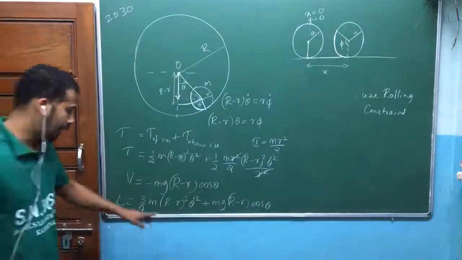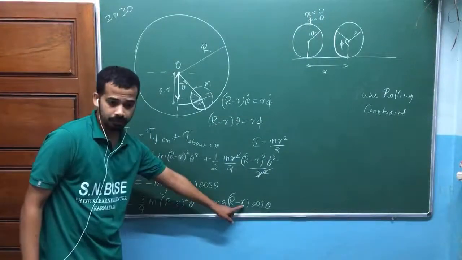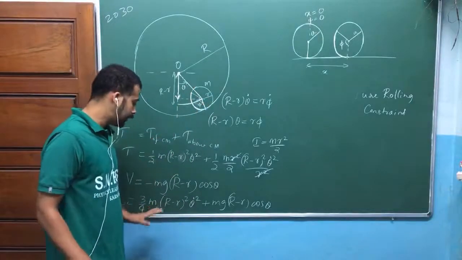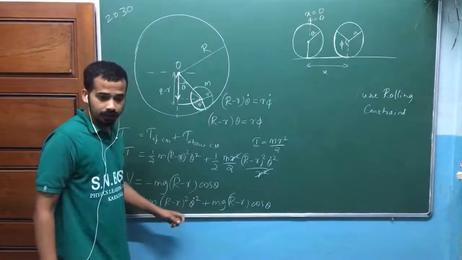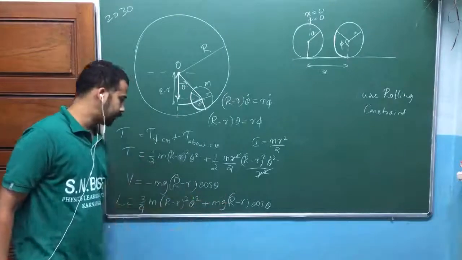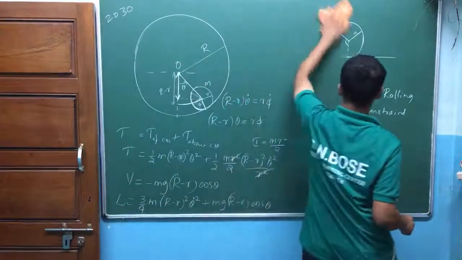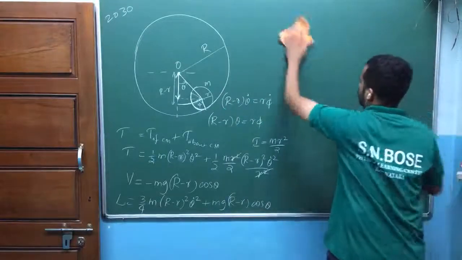Remember, the small r is not a polar variable. It is a constant, the radius of the small cylinder. Be careful while handling notations. So only theta is variable here. Quite an easy equation, and only one generalized coordinate, that is theta.